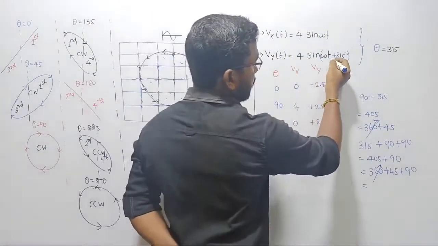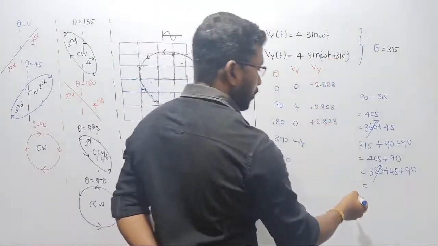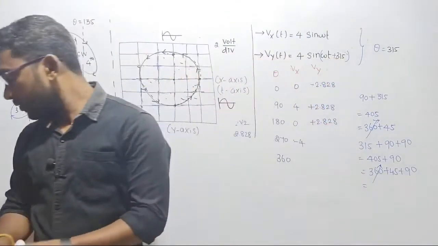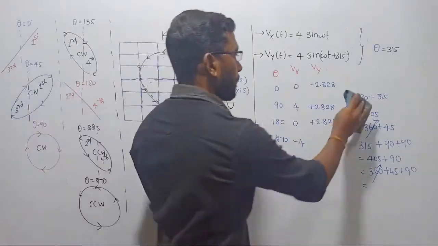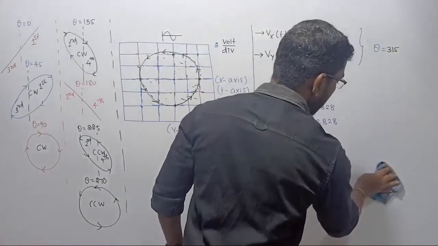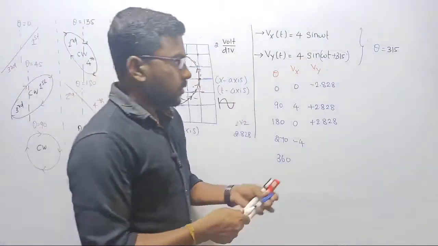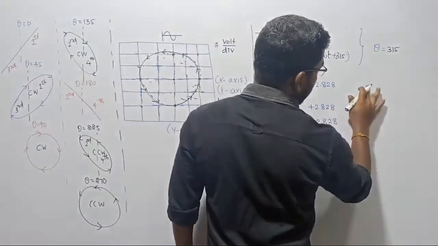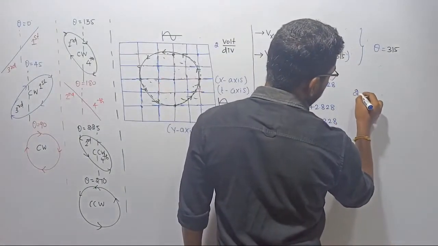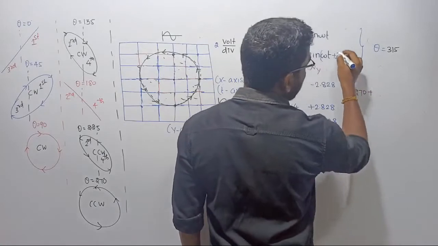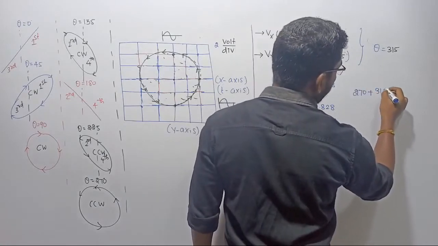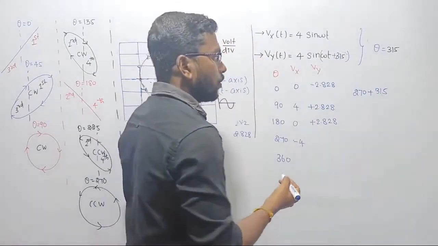Here, 270, once again. See there, at theta equal to 270, once again, let me rub this one. Now what we are going to consider here is 270 plus 315, right? Now you can break this one.